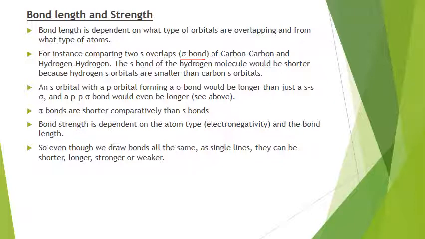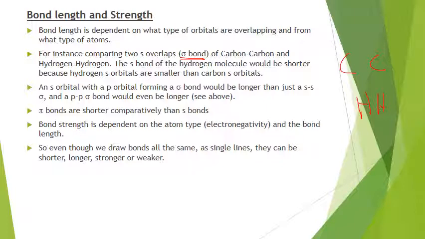So if you had two carbons forming a sigma bond and two hydrogens forming a sigma bond, the hydrogen-hydrogen would be a shorter bond and therefore more stable, because they're smaller atoms. So if you have sigma bonds, the smaller atoms will form stronger bonds.